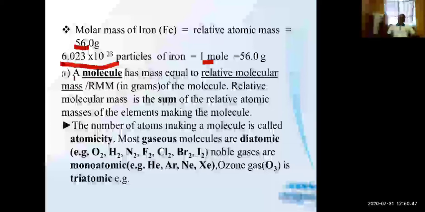So the second one is now a molecule. A molecule has mass equal to relative molecular mass. So when we are talking about molecules, we will not be talking about the relative atomic mass, but the relative molecular mass, RMM, in grams. So how do we get the relative molecular mass?